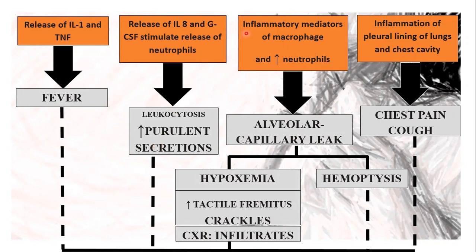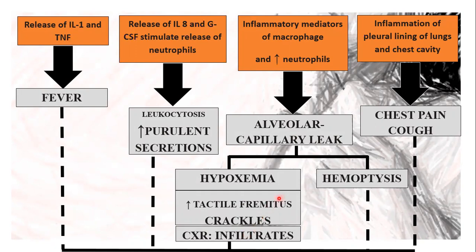Next would be the inflammatory mediators of the macrophage and increase in neutrophils. This would lead to alveolar capillary leak. The alveolar capillary leak would lead to manifestations of hypoxemia, increased tactile fremitus, crackles, and in the chest x-ray, it would be identified as infiltrates on the x-ray plate.